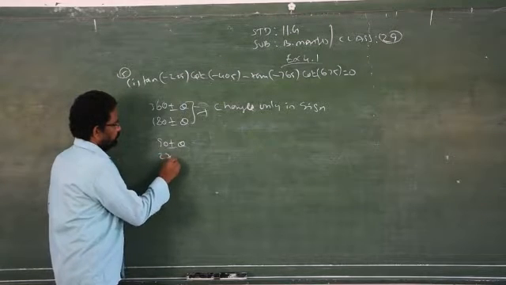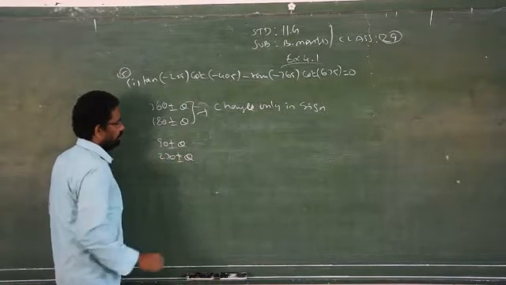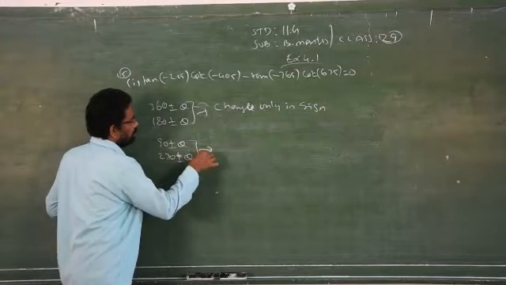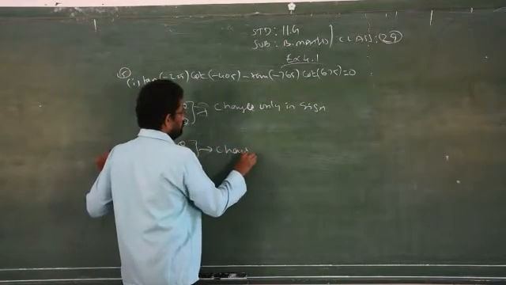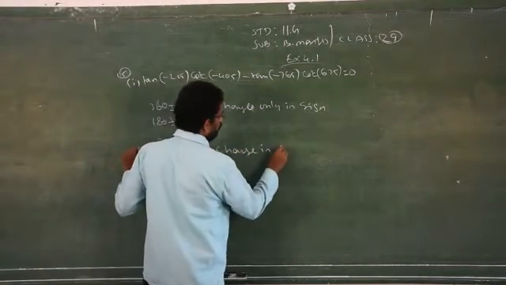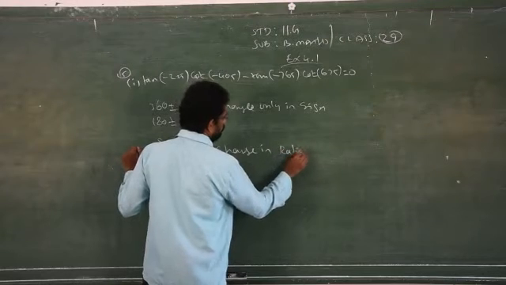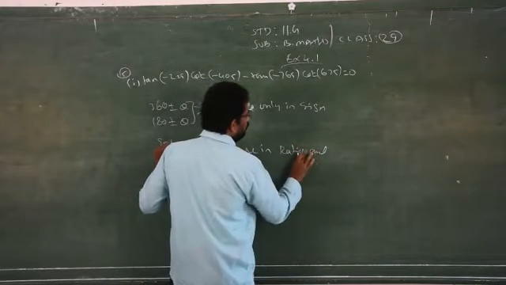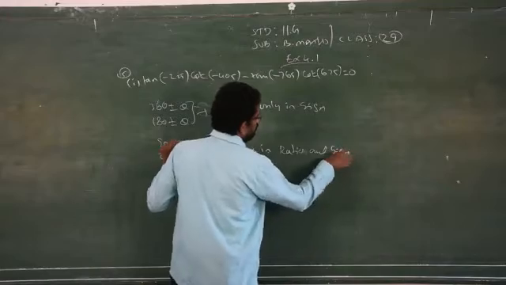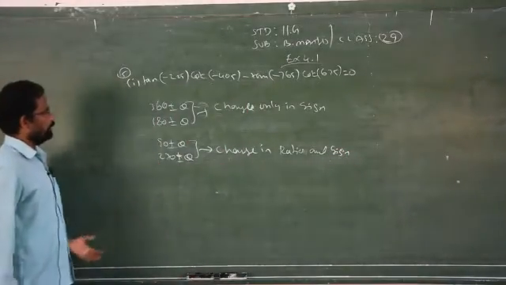So for 270 plus or minus theta, for these cases, it changes in ratio and sign. That's all. This you have to keep in your mind.